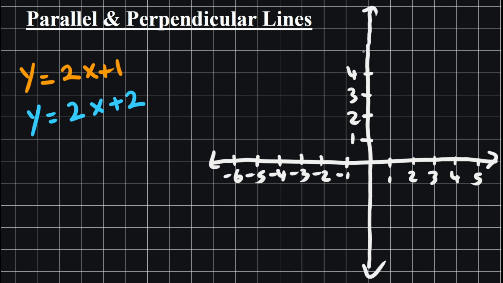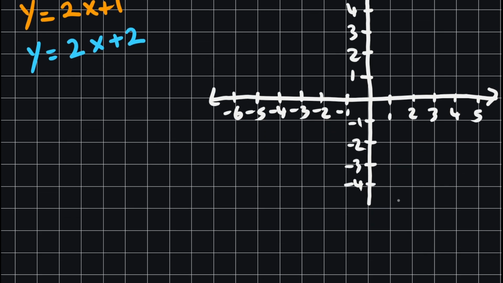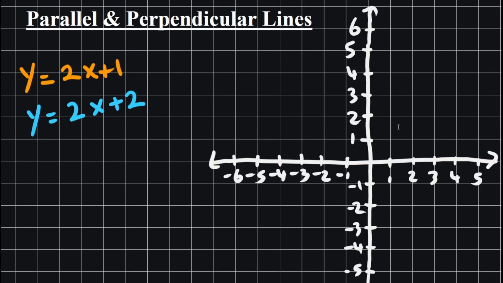Maybe we'll go up here, 5 and 6. -1, -2, -3, -4. Let's go down, so extend it maybe to -6, so -5 and -6. There's our graph. So let's go ahead and start plotting.